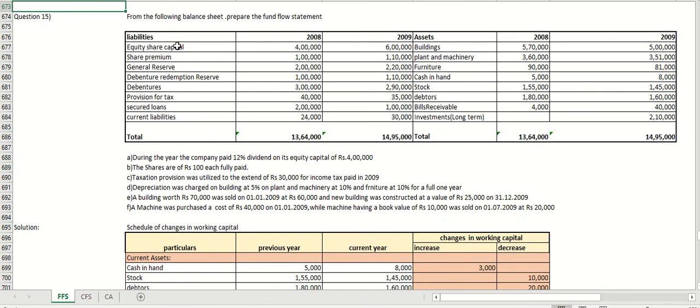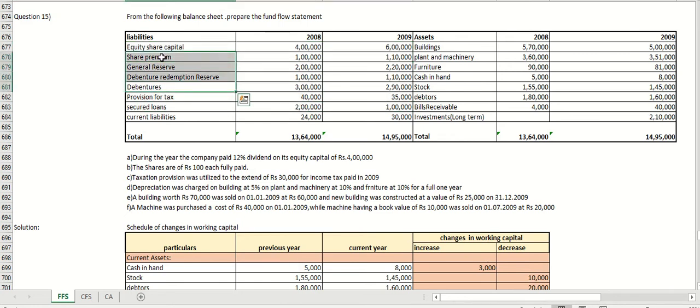If you see what all comes under your fund flow statement: equity share capital, share premium, then your debentures and your secured loans. These are your long-term liabilities. If your equity share capital and share premium increase, then it will be shown in your sources of funds because you're issuing shares and funds have been raised. If it decreases, probably you're paying back.